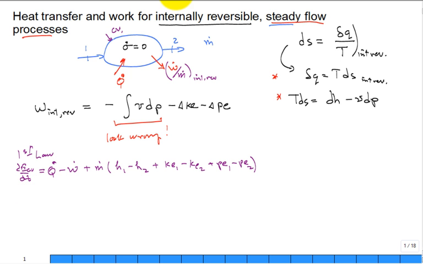So now what we're going to do is we're going to say this is for steady flow. Okay, and I'm going to put a lowercase q equal to q dot divided by m dot. Is that not true? Just like lowercase w was w dot divided by m dot, it's the specific heat transfer and the specific work transfers.